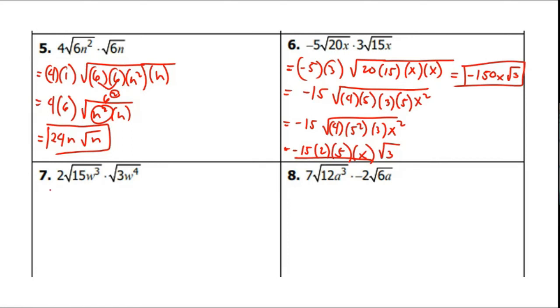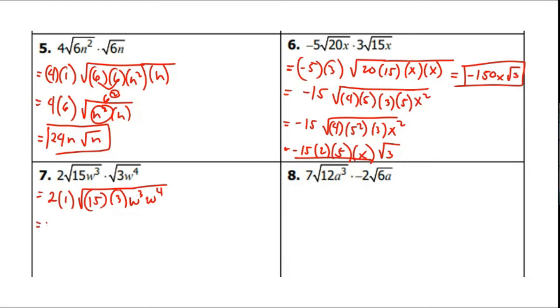Number 7, you will have 2 times 1 square root of 15 times 3 w raised to 3 times w raised to 4.